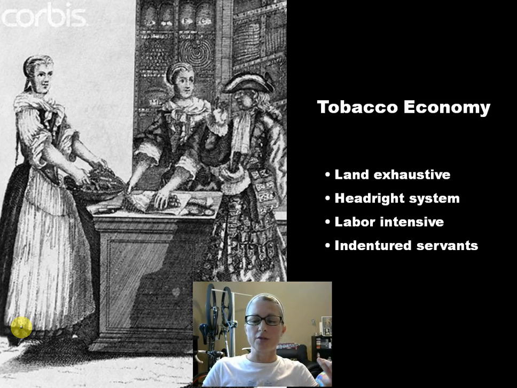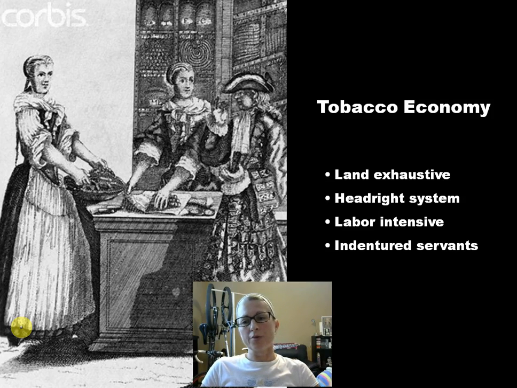So that headright system used by a lot of the joint stock companies, basically you'll get so many acres of land for however many people you bring over. That enticed a lot of people, especially those who would become indentured servants, because the opportunity to eventually get land after their servitude was a great incentive for them to leave England.